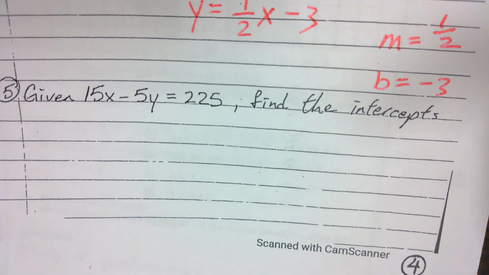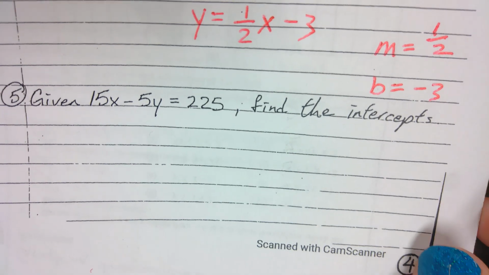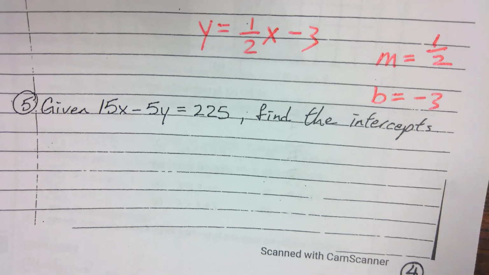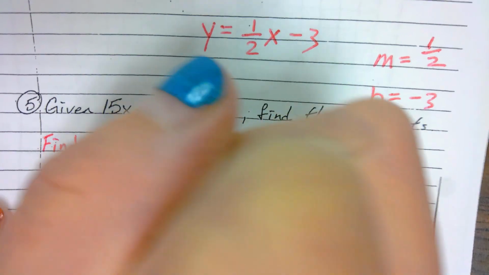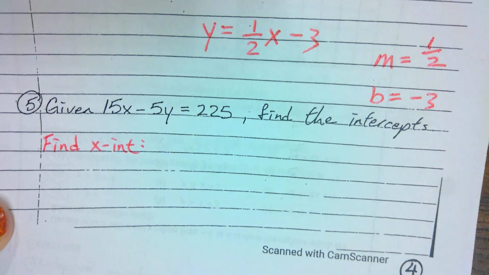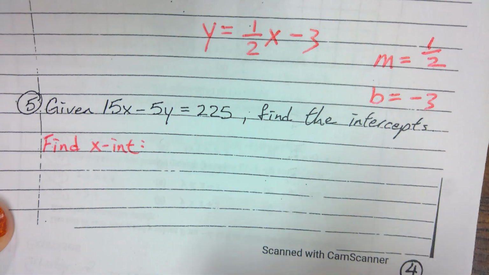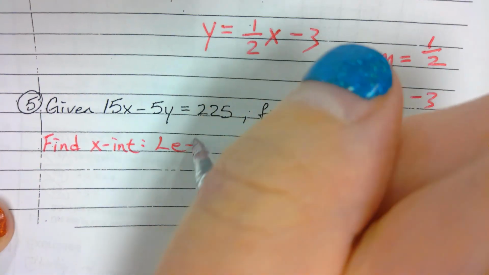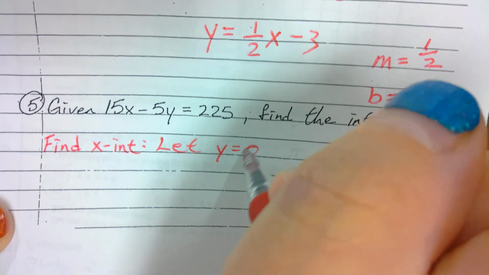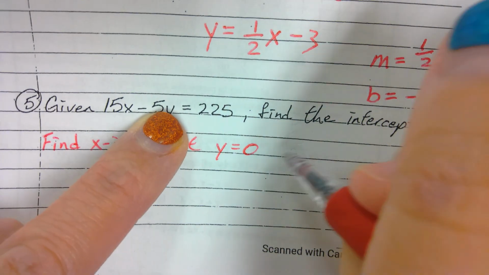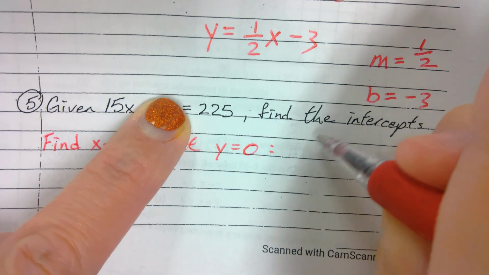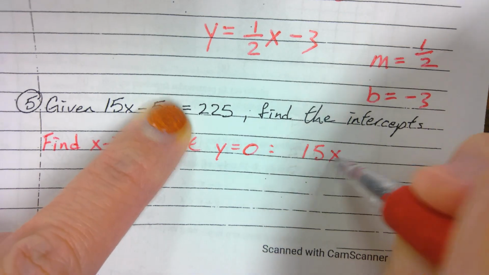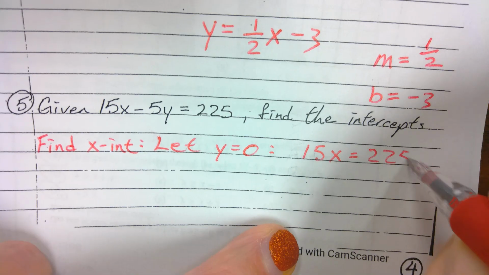Okay. Given this equation, find the intercepts. To find the x-intercept, what do I do? Yeah, let y equal 0. So if this part is 0, anything times 0, that's gone. So I'm just left with 15x equals 225.